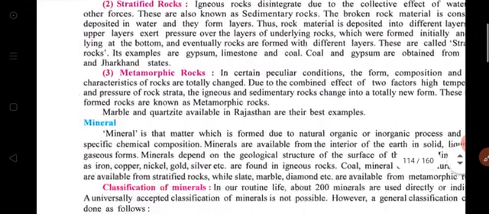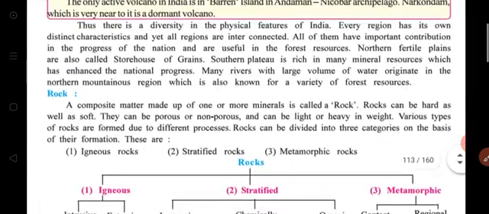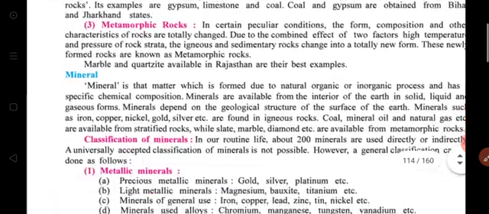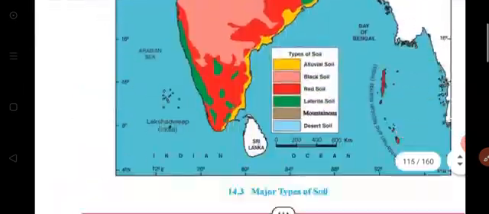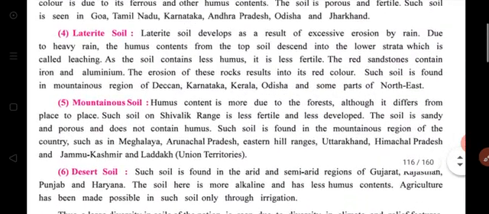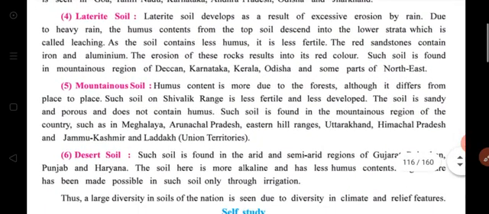So in this chapter we studied rock, then minerals, then soil. First read these three types, then we revise this chapter from the rock. First you read this, then we start the revision of this chapter.